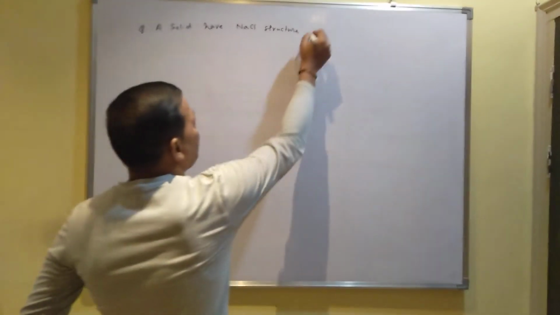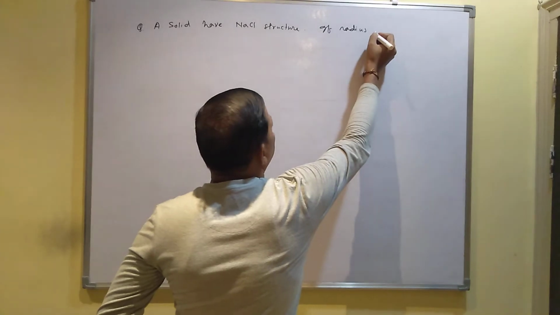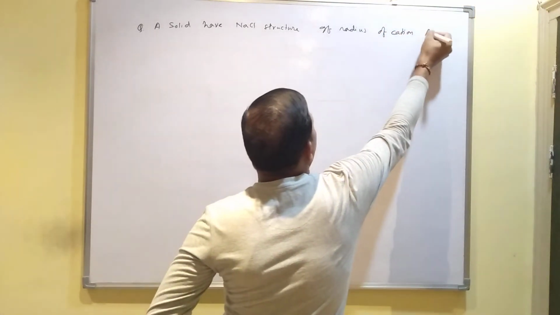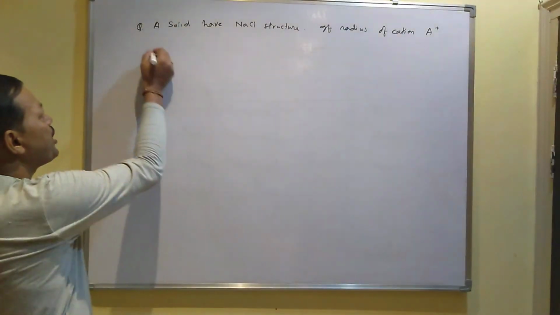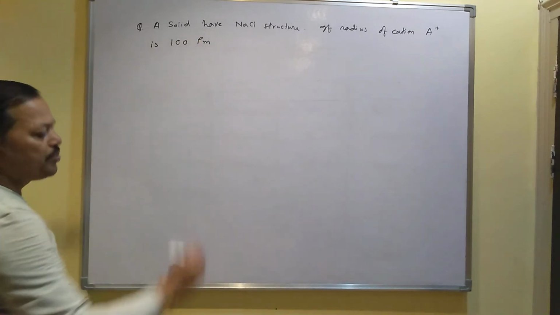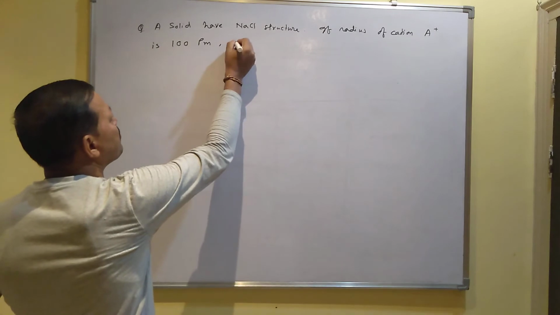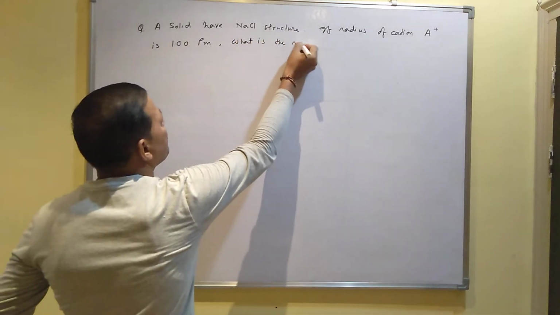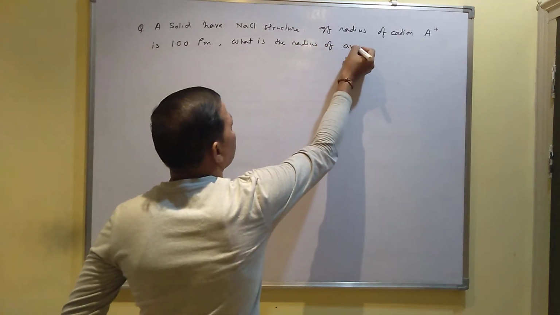If the radius of the cation A plus is 100 picometer, what is the radius of the anion B?